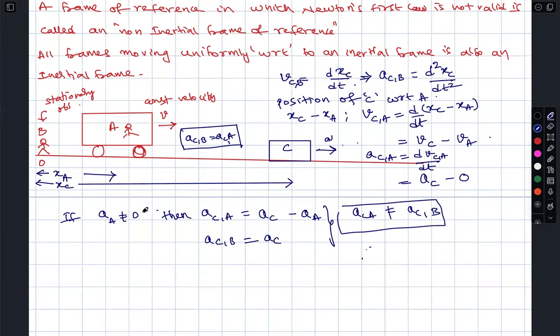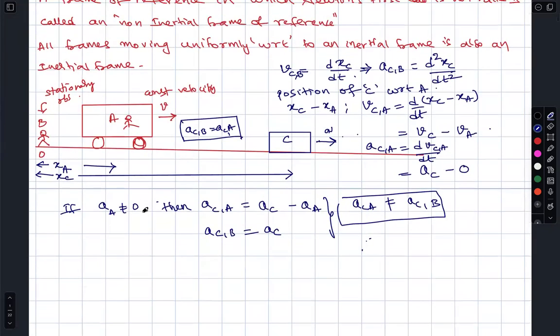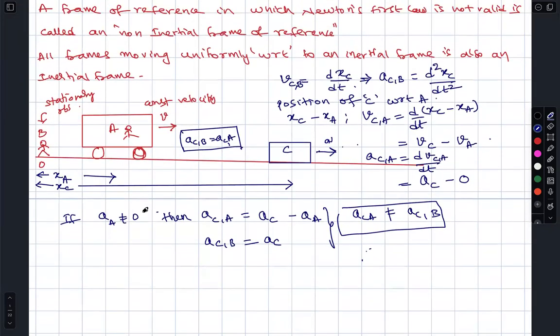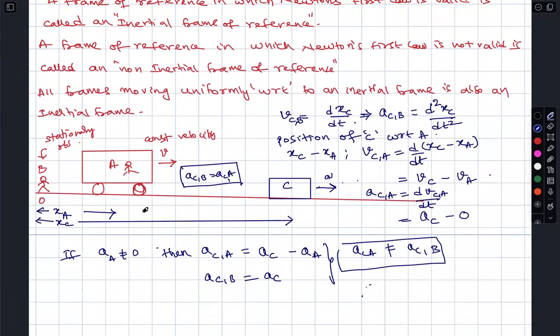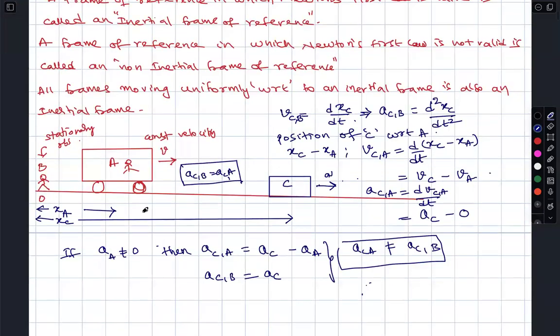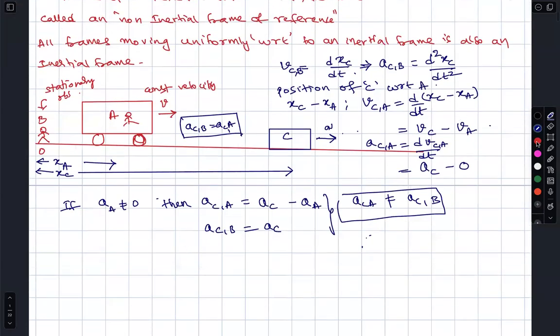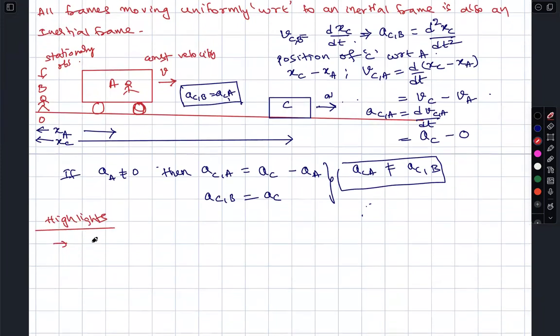Okay. Now, this is what my observations are related to first law. Any doubt, please ask me. So, what are the highlights of first law? First, it has identified a property, inertia, for every body.